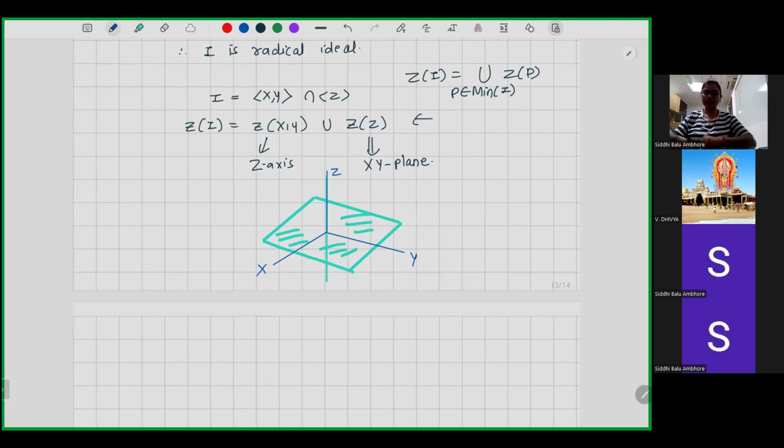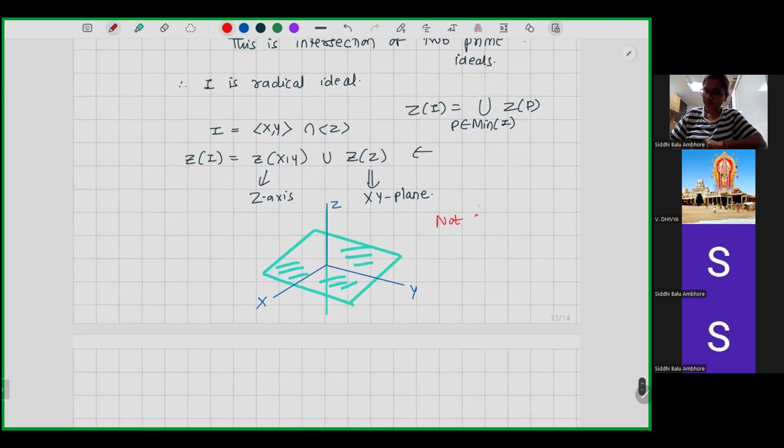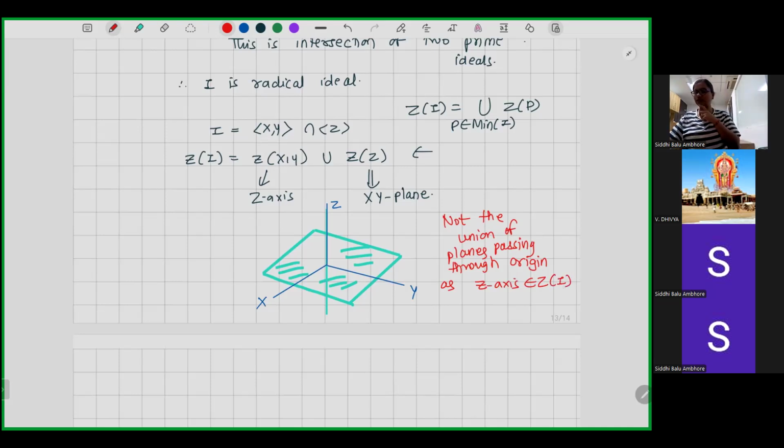And this is definitely not the union of planes passing through origin, okay, because we have the z-axis belongs to the zero set of this I. Okay, any doubts here?